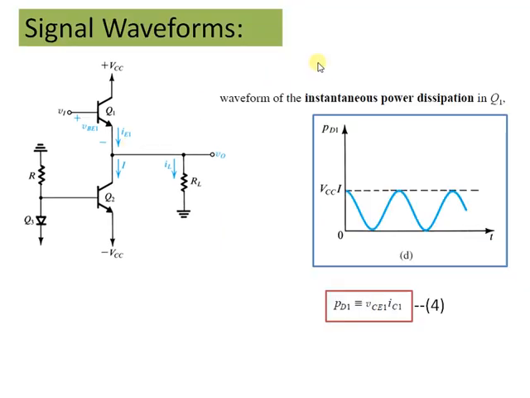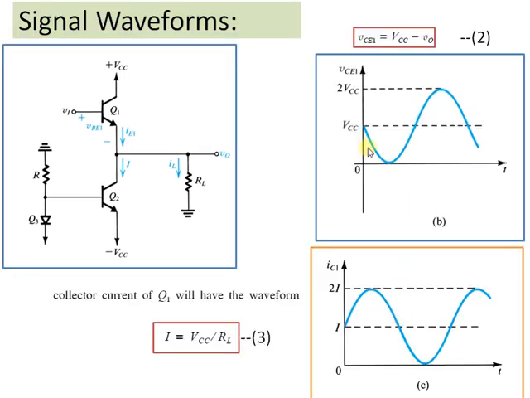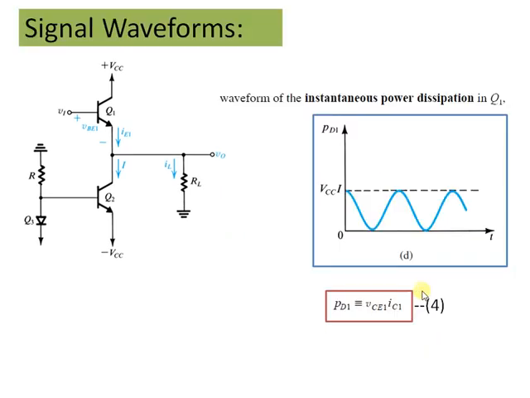Lastly, if you want to find the instantaneous power dissipation in the transistor Q1, that is equal to VCE1 into IC1. You can see here the total swing is 0 to 2 VCC, and here it is 0 to 2I.